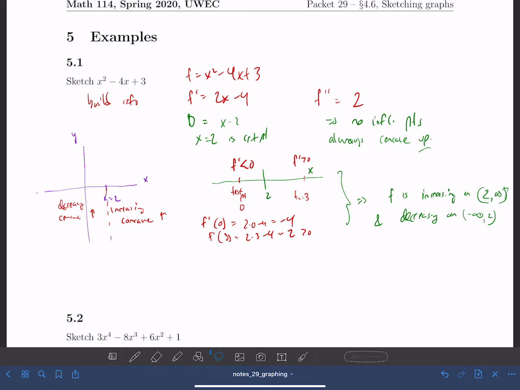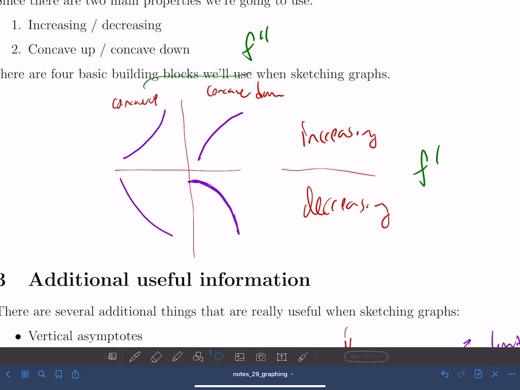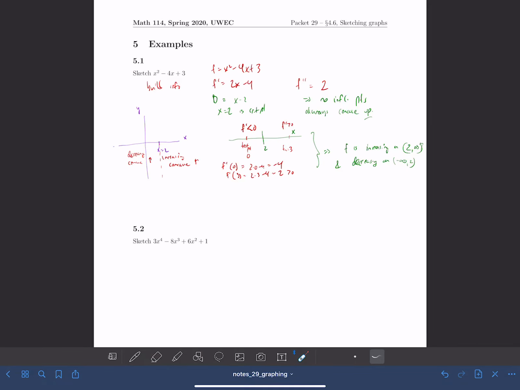That's the only point that we add because we didn't have any inflection points. It's because it's a parabola. All right, so we've got decreasing concave up. Here's the decreasing, concave up, it looks like that. Okie dokie. Decreasing concave up, increasing concave up.